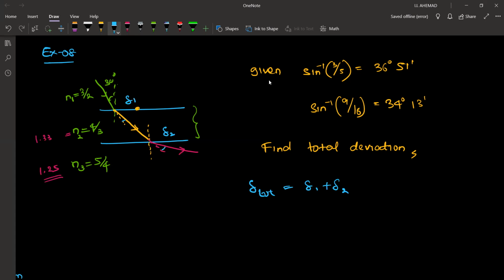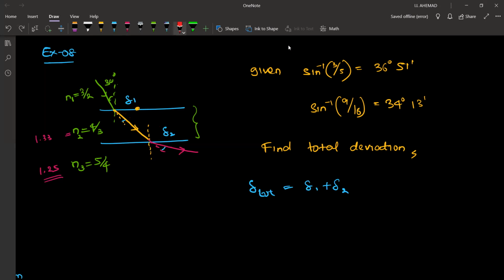Now let's say one of them is coming towards the normal. Then how to get the total deviation? Then you will have to deduct the smaller one from the larger one. Do you get my idea? Here, both of them are deviating in the same direction, so we just add them to find the total deviation.